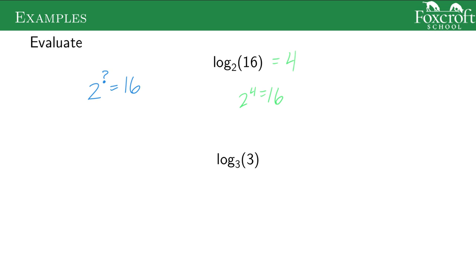So I'm putting 3 into my log base 3. I'm asking myself, 3, the base, raised to what exponent equals 3? You could try 2, that's 9, 3, that's 27, 4 is 81, none of those work. But if I want to get the same number out of an exponent, I just put 1. 3 to the 1st equals 3. So the answer for this one is just 1.